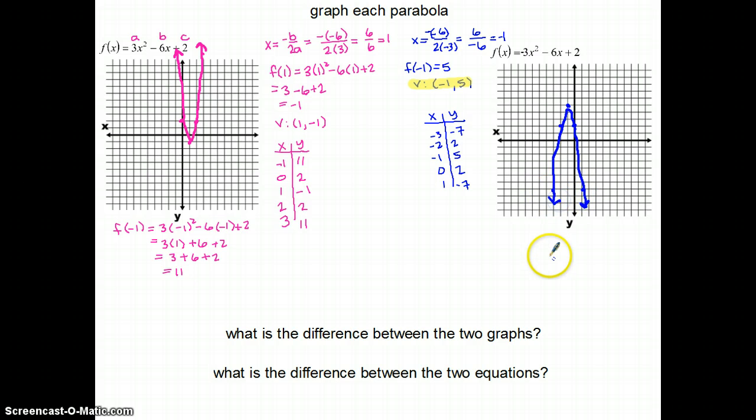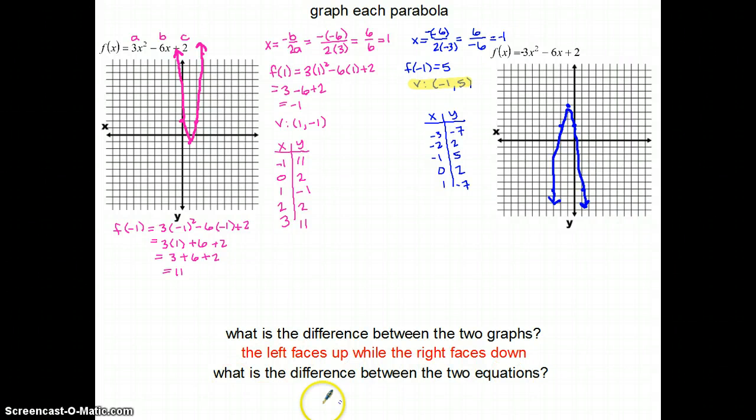Now the difference between the two graphs, you might notice that one is on the right side and one is on the left side. Maybe one is in pink, one is in blue. However, the primary difference between these two graphs is that the graph on the left is facing upwards, while the graph on the right is facing downwards. The reason for this is in the equation itself.